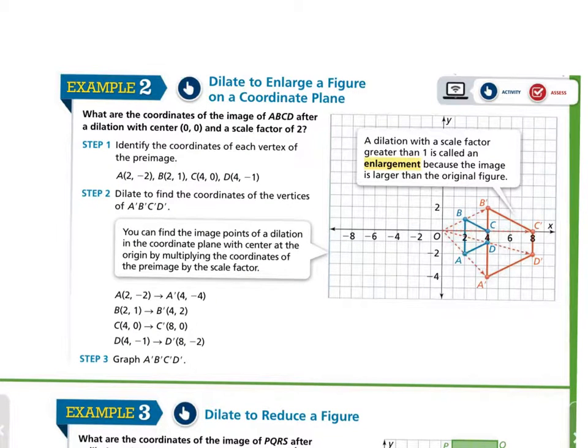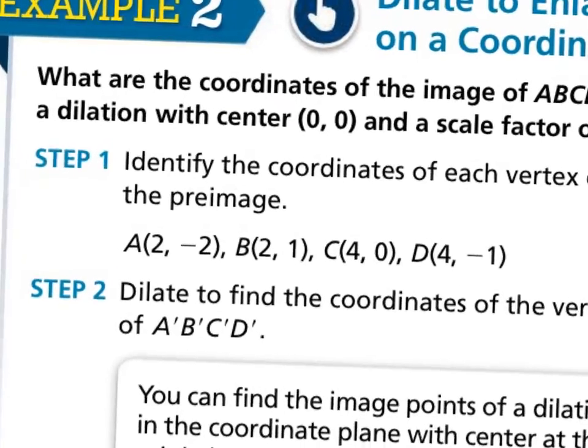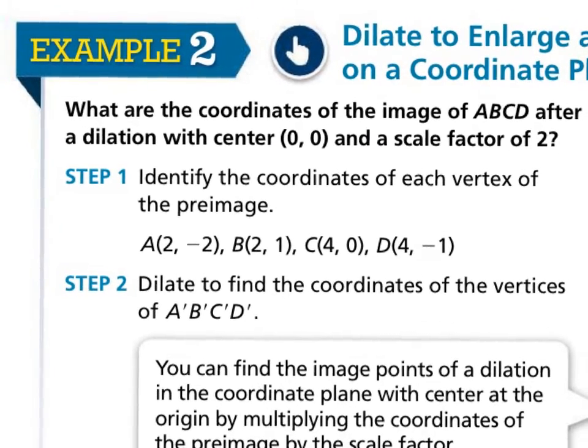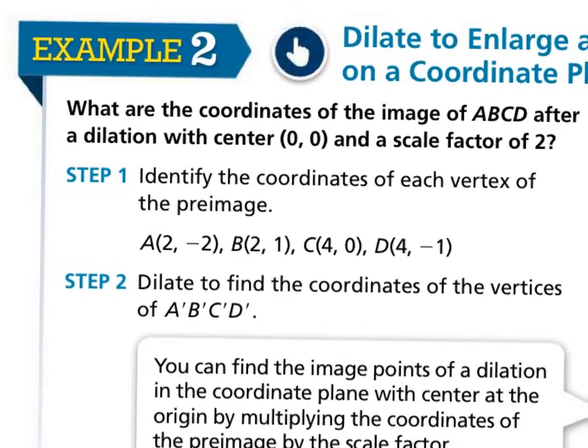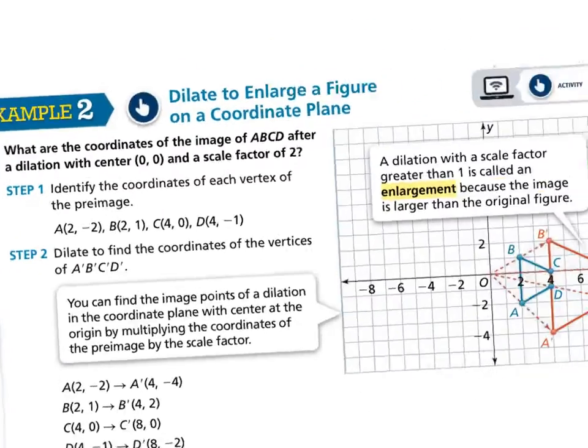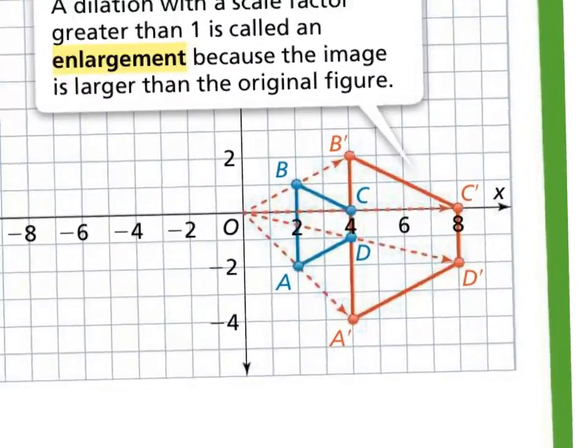So example 2 talks about coordinates now. What are the coordinates of the image ABCD after a dilation with center 0, 0 and a scale factor of 2? The center 0, 0, or the center of the origin, that's what we're going to be doing on all these problems. Okay, scale factor is 2, so that means we're going to be enlarging this.